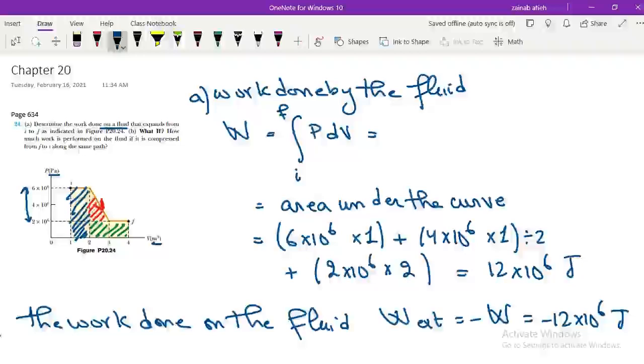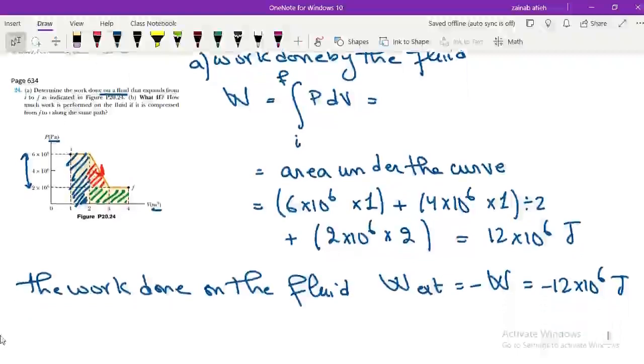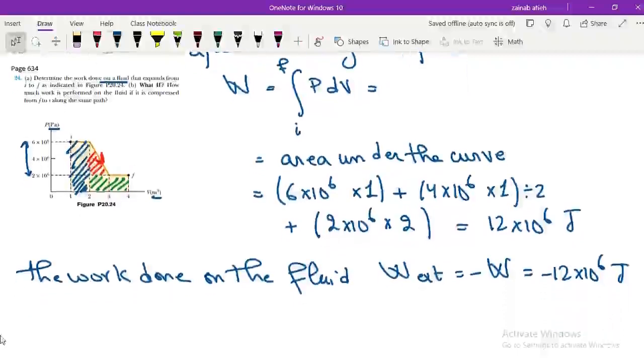In part B, it says how much work is performed on the fluid if it is compressed from F to I. So if we're going to invert the arrow, not go from I to F, but rather go from F to I, the integral will be from F to I. You all know that when we interchange the boundaries of an integral, we are only multiplying it by a minus sign.